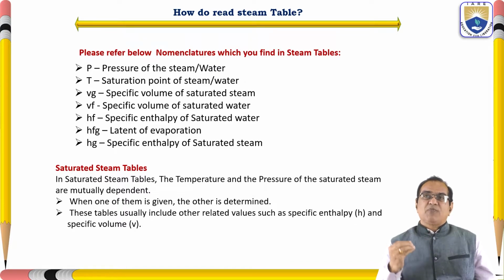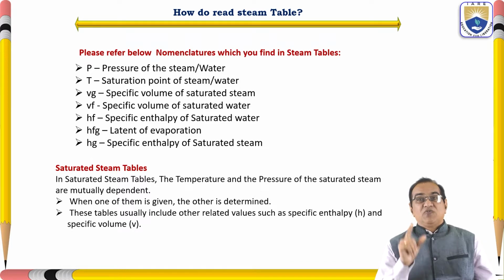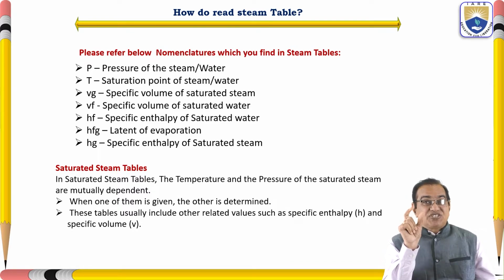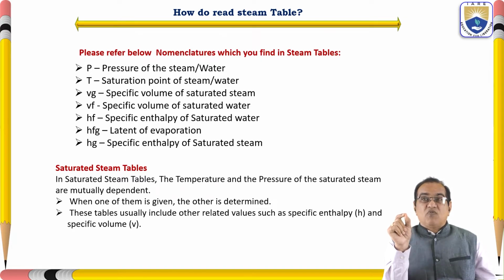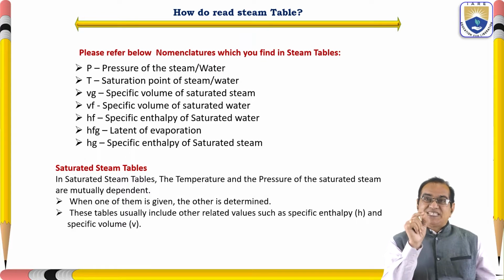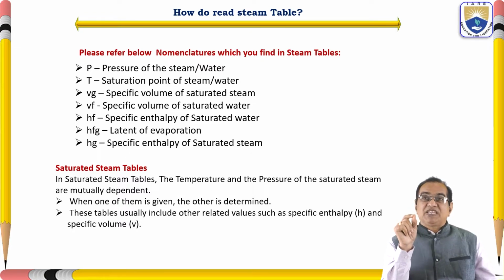T is the saturation temperature of steam and water. Vg is the specific volume of saturated steam. Vg, you understand that it is for the steam, and Vf is the specific volume of saturated water. Hf is the specific enthalpy of saturated water.